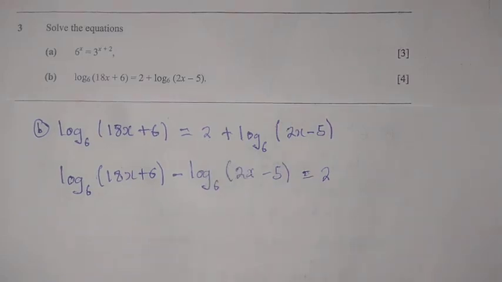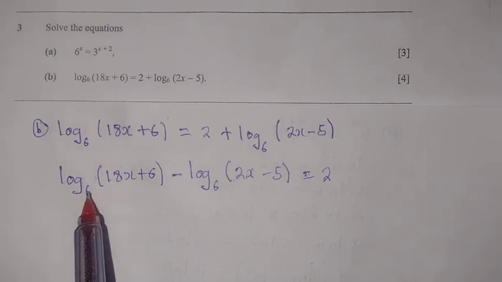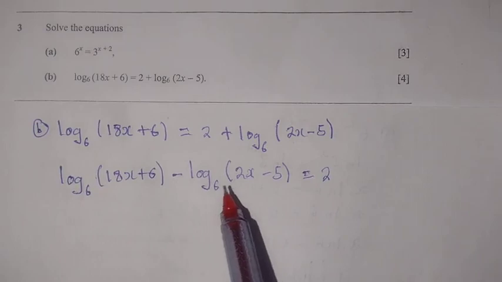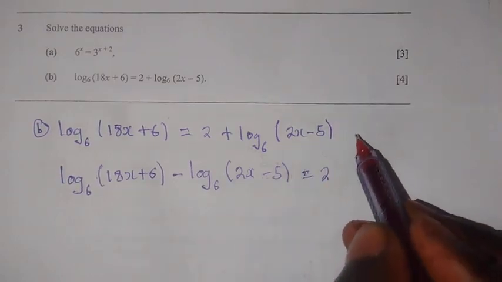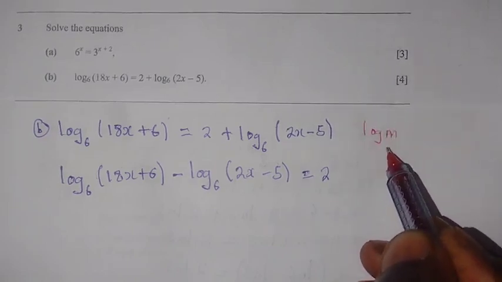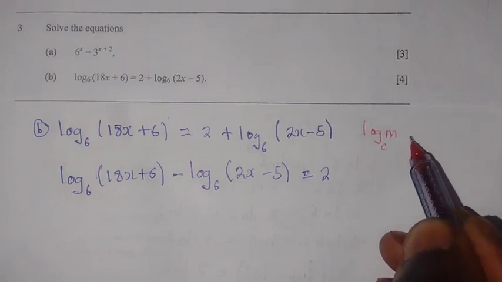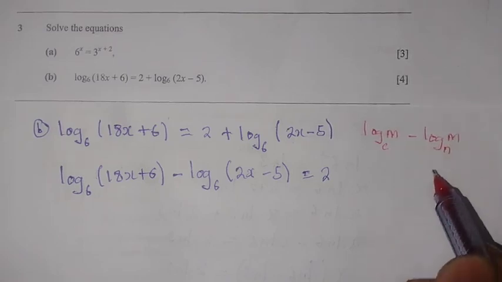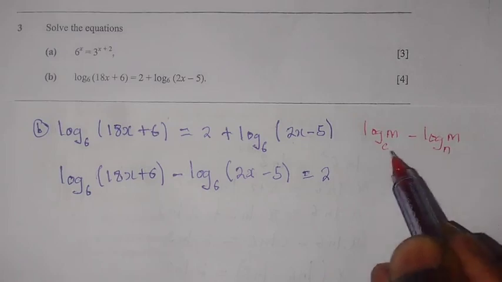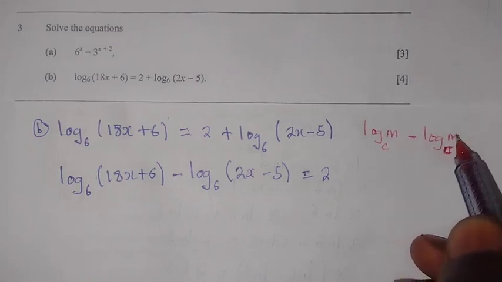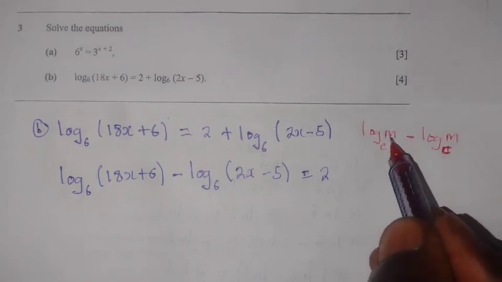Now from this stage, what's next? The moment here you have observed this log and this log, they're having the same base, 6. Then here there is a minus. So don't forget the properties of logs. If you have log of m with the base of c minus log the base of c of n, once you have something like this, where the bases are the same and there is a minus, it means you need to divide.